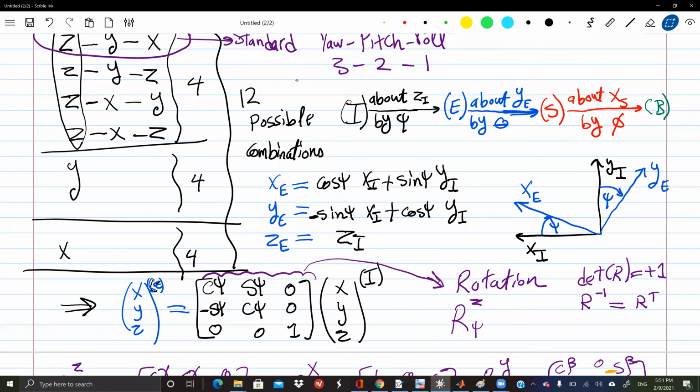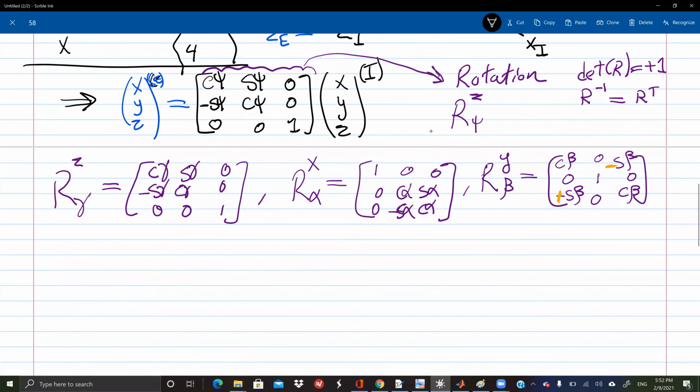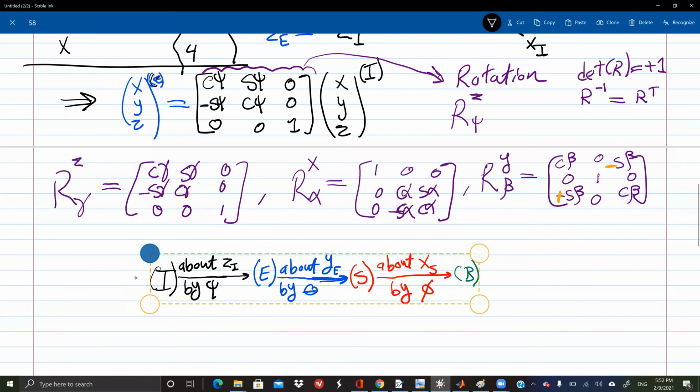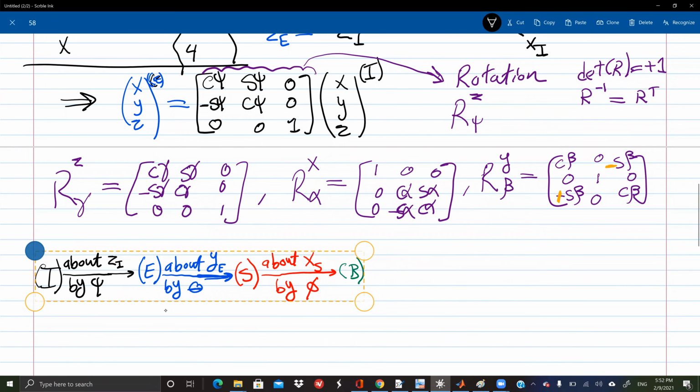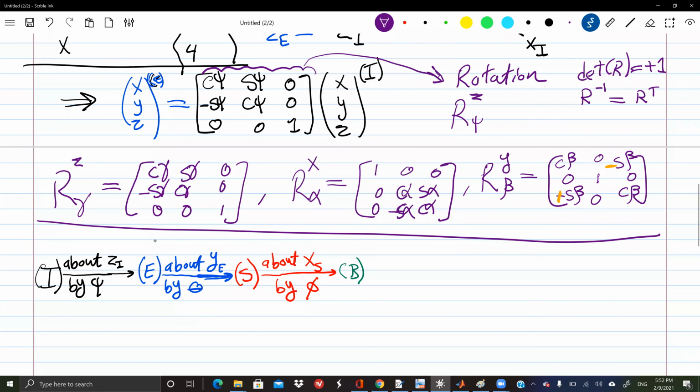In particular, I'm going to get my nice diagram because it's very important. Get back to my objective, relating the green body frame to the black inertial frame. What is the role of the rotation matrix?